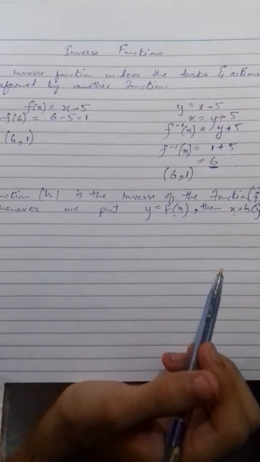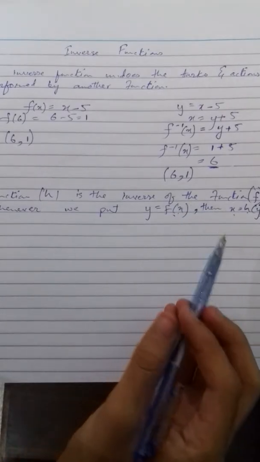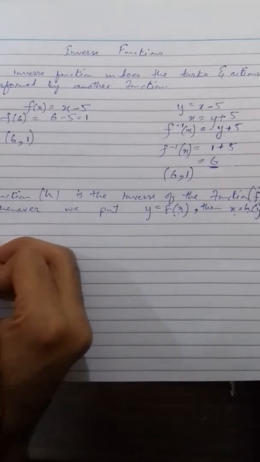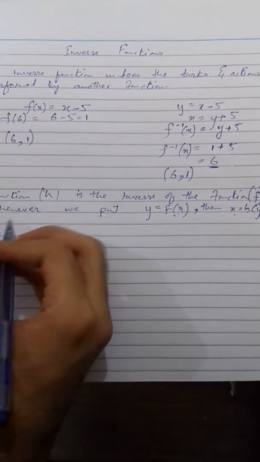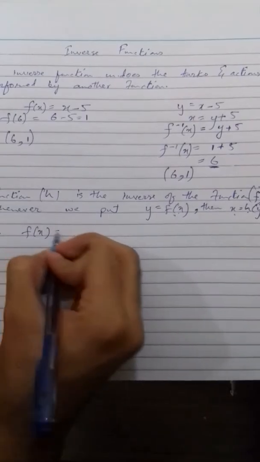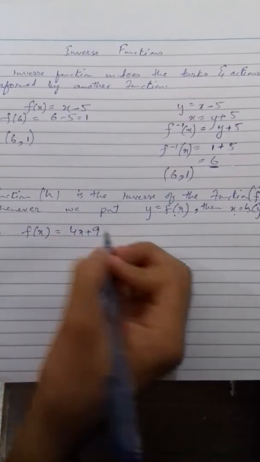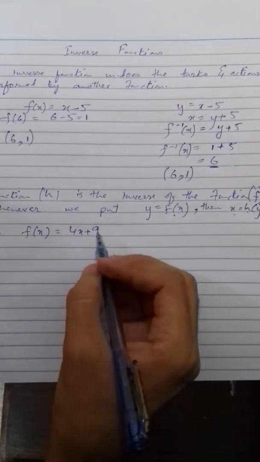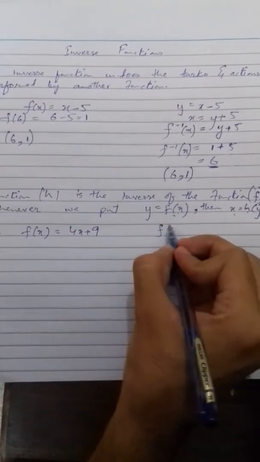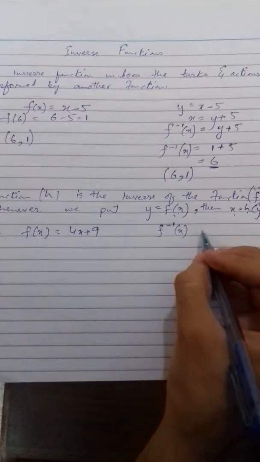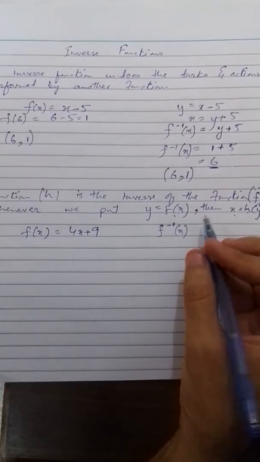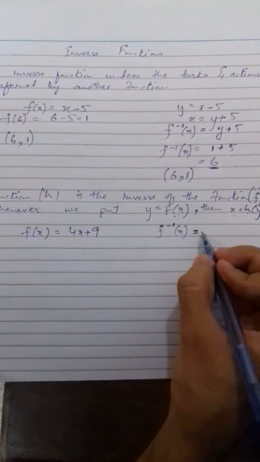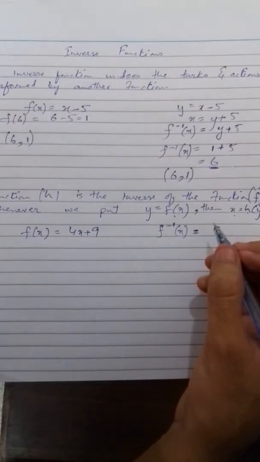Inversing functions is basically performing the operations in the reverse order. For example, f(x) = 4x + 9. To take the inverse of this function f, we need to reverse the operations that have been performed on the variable x.